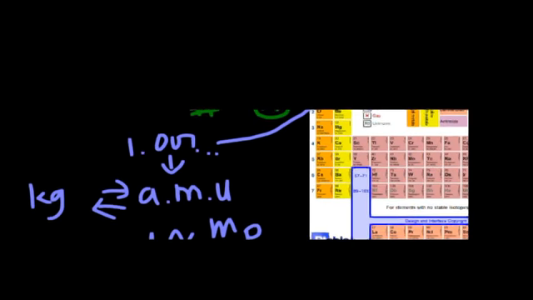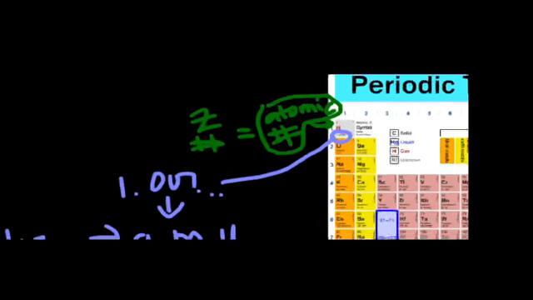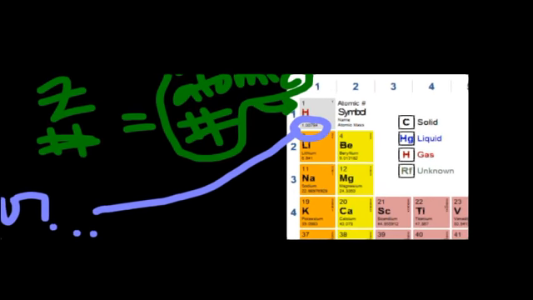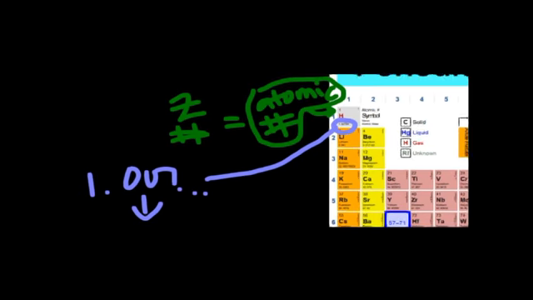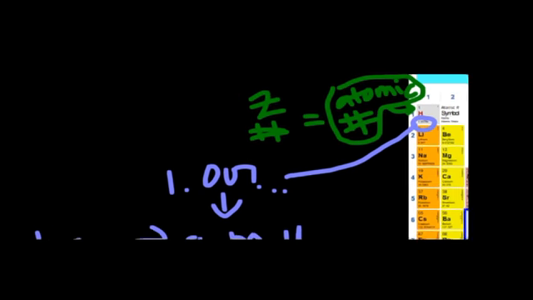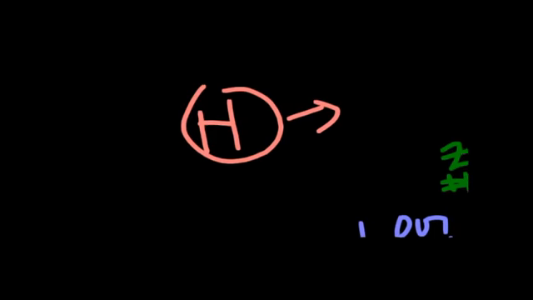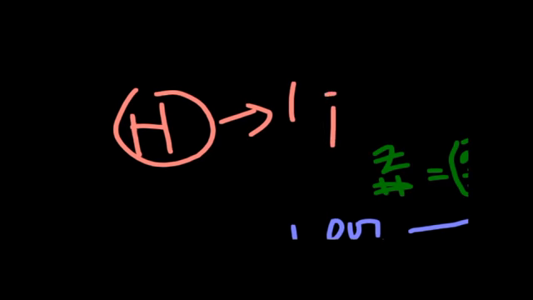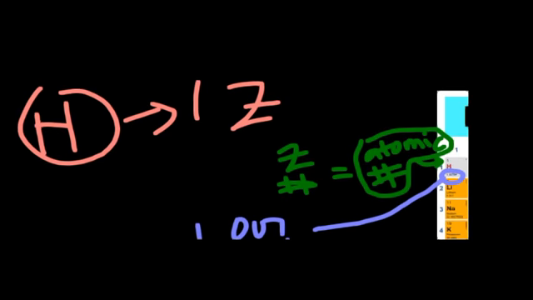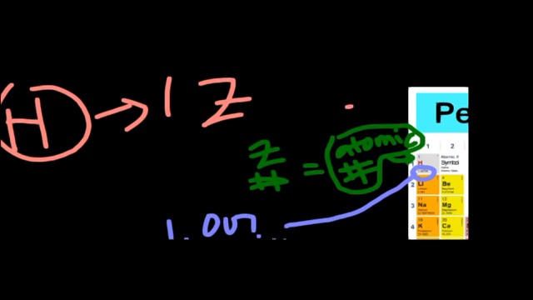If it's 1.00794 atomic mass units, and I'm also assuming that you know that the hydrogen atom only has one proton, because the atomic number dictates the proton number.